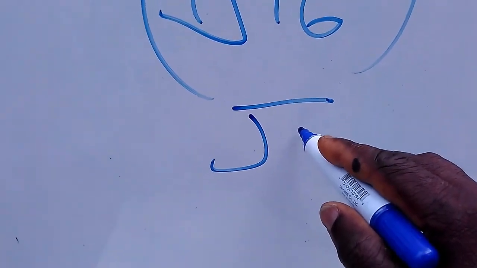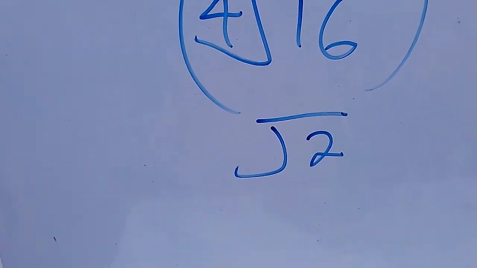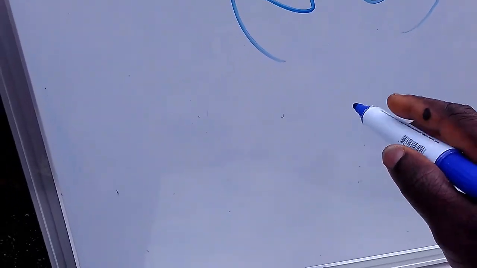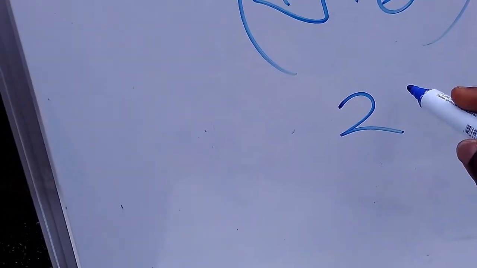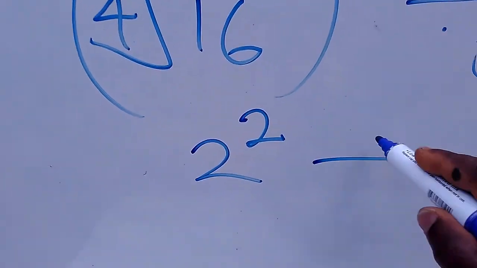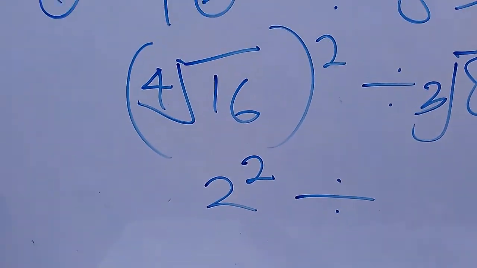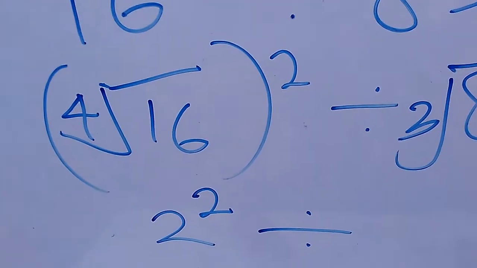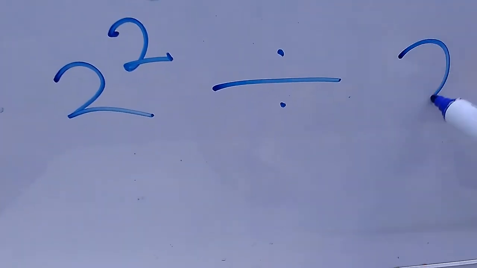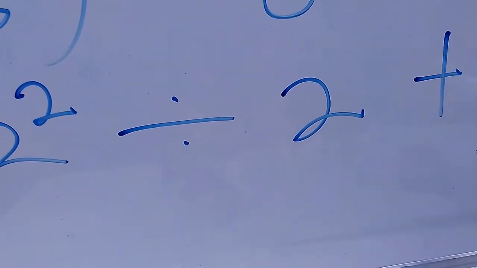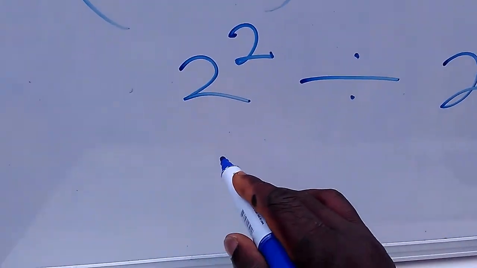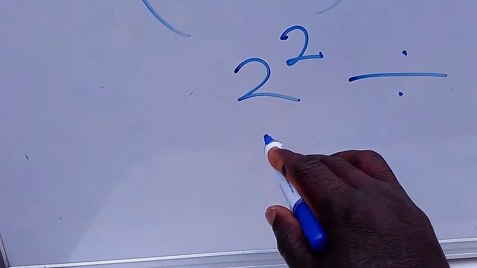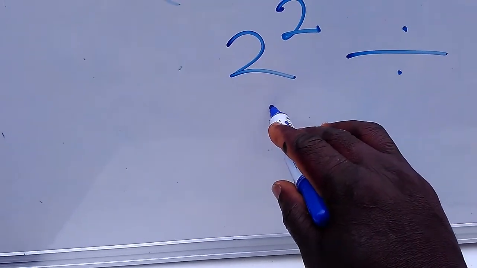The fourth root of 16 is 2. To remove the root sign, we find the fourth root of 16, which is 2, raised to the power 2, divided by the cube root of 8. To remove the root sign, you find the cube root of 8. The cube root of 8 is 2, plus 1. Then we have 2 raised to the power 2, which is 4.